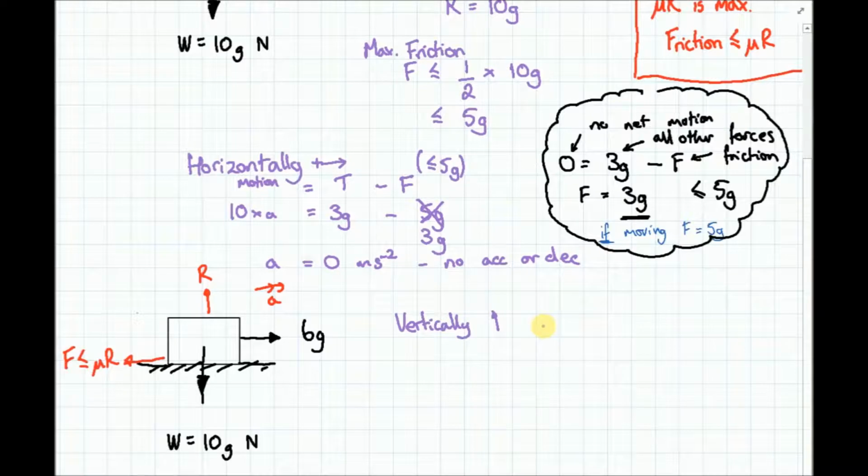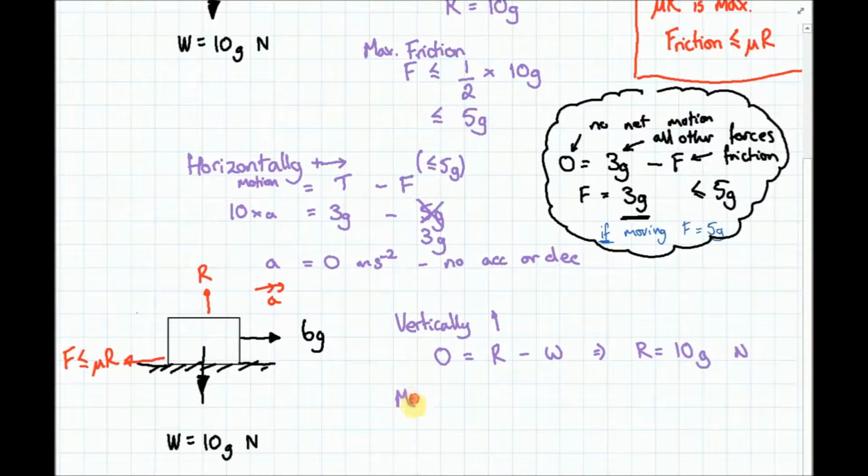We know that there's no net motion. So 0 is our motion. That is equal to the reaction force of the table upon the block minus the weight of the block. So again, we get the reaction force is 10G at the moment.